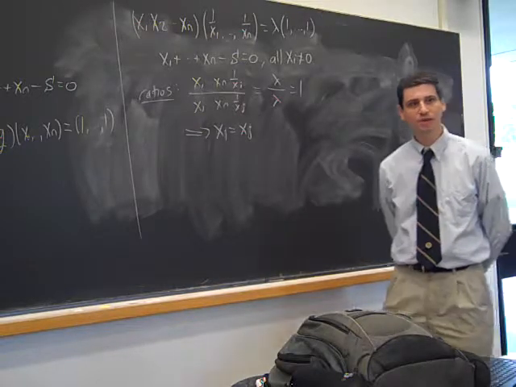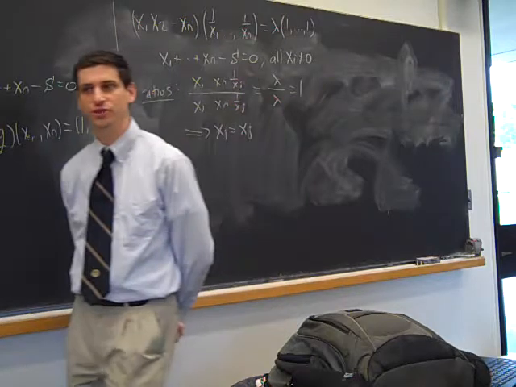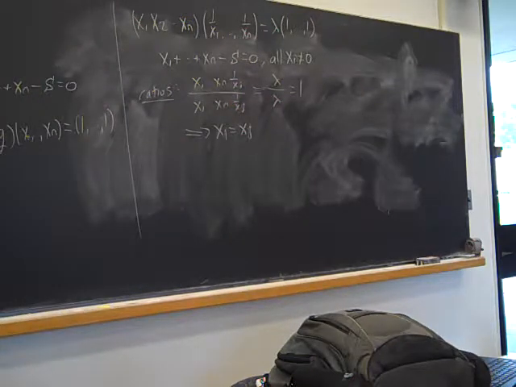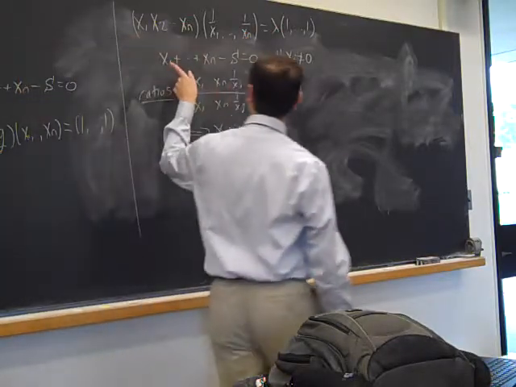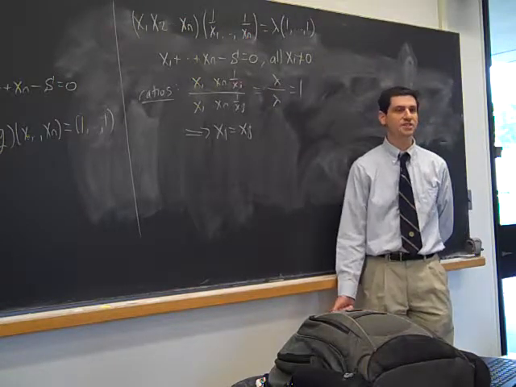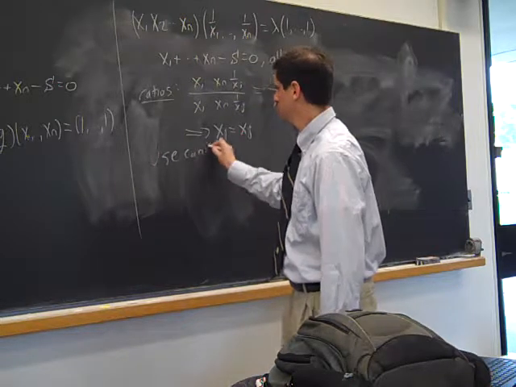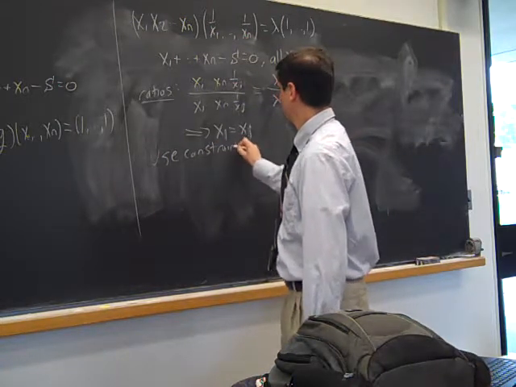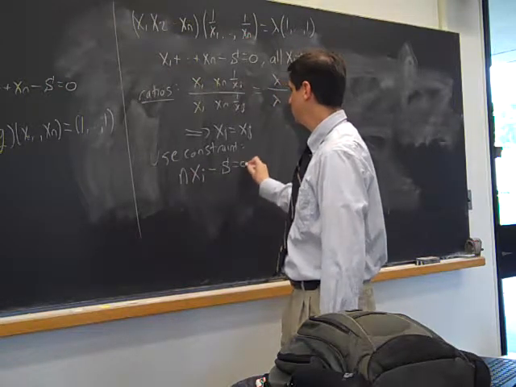So remember, in Lagrange multipliers, we have more than just the gradient of f is lambda gradient of g. What else do we have? The constraint. Well, the constraint tells us the sum of the x's minus s equals 0. All the x's are the same, so use the constraint. We get n times any one of them minus s has to equal 0.